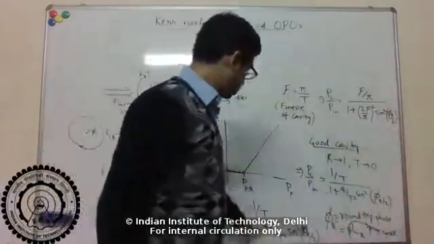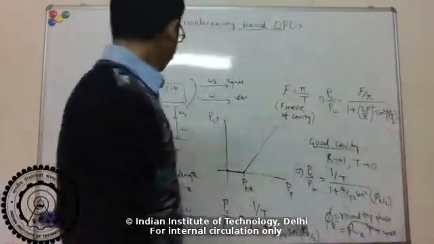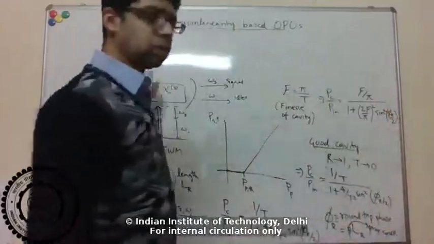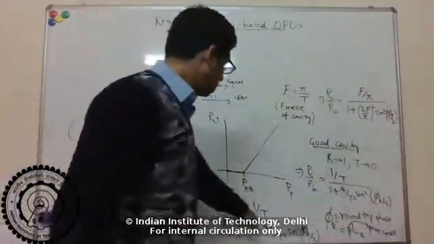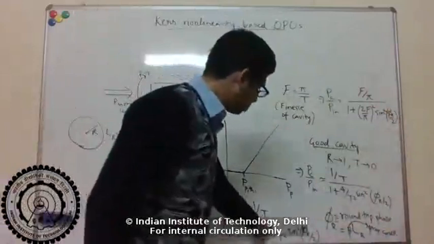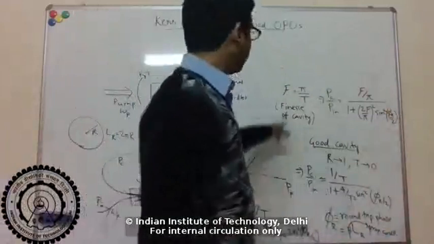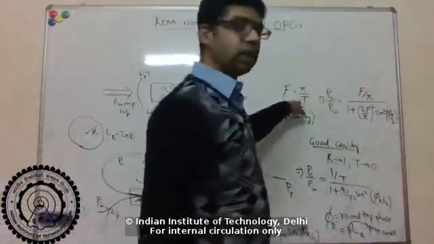Okay, so the first approximation we make is that for a good cavity, we want good mirrors, so the reflectivity is almost 100%, right? So basically we approximate R by 1 here, so we get 4 by T squared, and then we define this quantity F, which is pi by T, right?